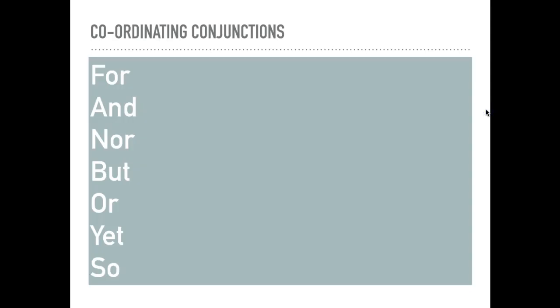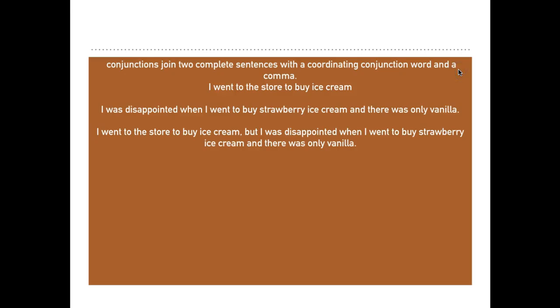Another option is to use what are known as coordinating conjunctions. If you remember the word FANBOYS: for, and, nor, but, or, yet, or so, these will separate two independent clauses. So here's an example. I went to the store to buy ice cream. I was disappointed when I went to buy strawberry ice cream and there was only vanilla. Here are two complete sentences that you can join with a coordinating conjunction.